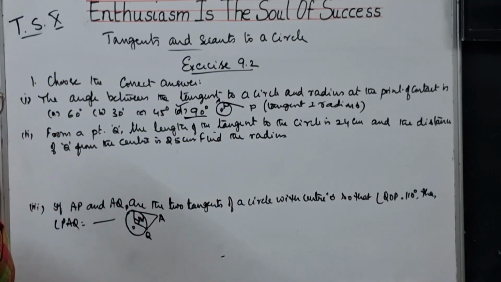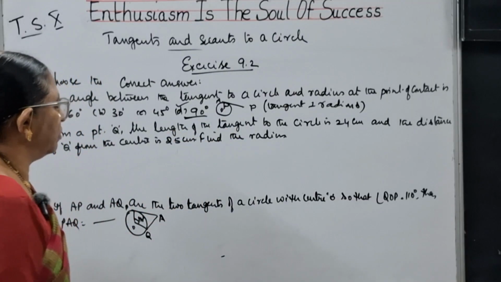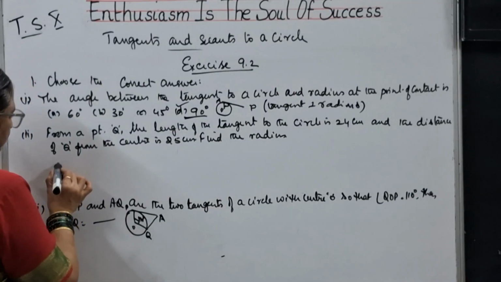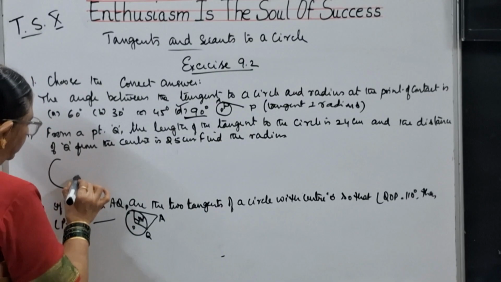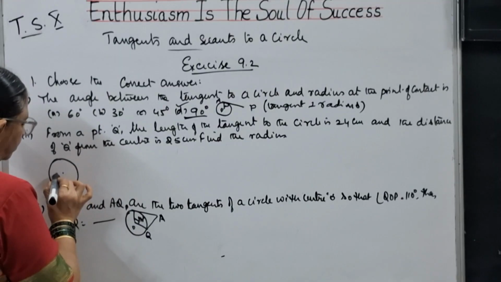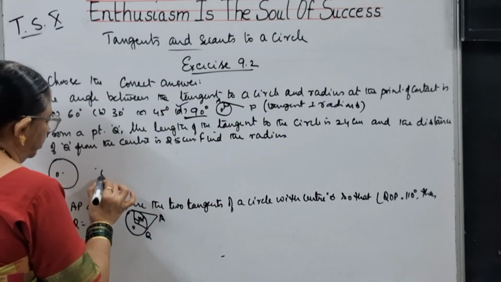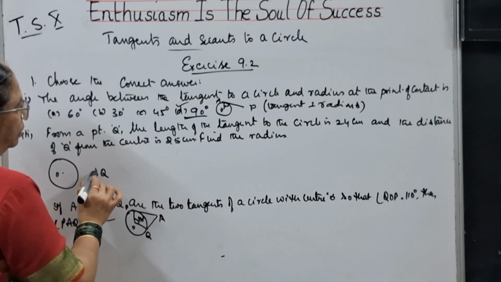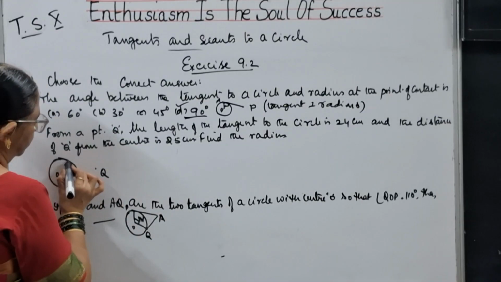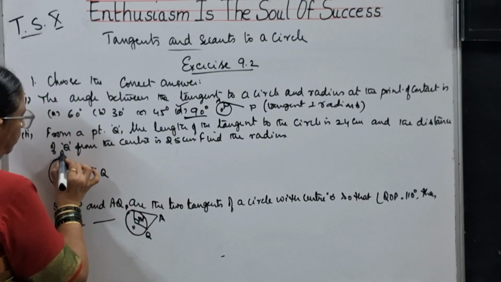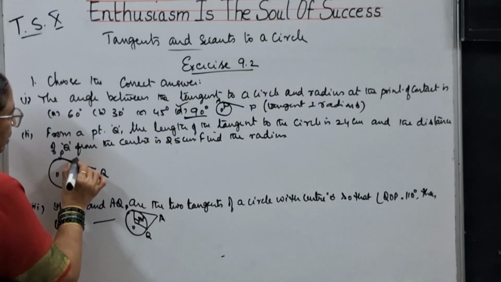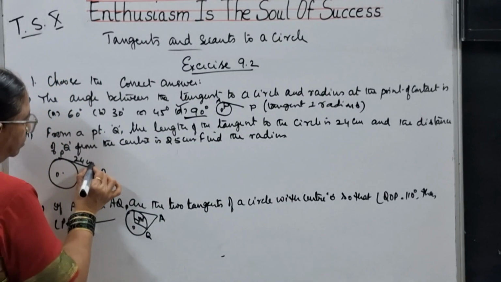Now, from a point Q, the length of the tangent to a circle is 24 centimeters. So you have got a circle. This is the center, this is point Q. Let me write, PQ is the tangent. The length of the tangent to the circle is 24 centimeters.